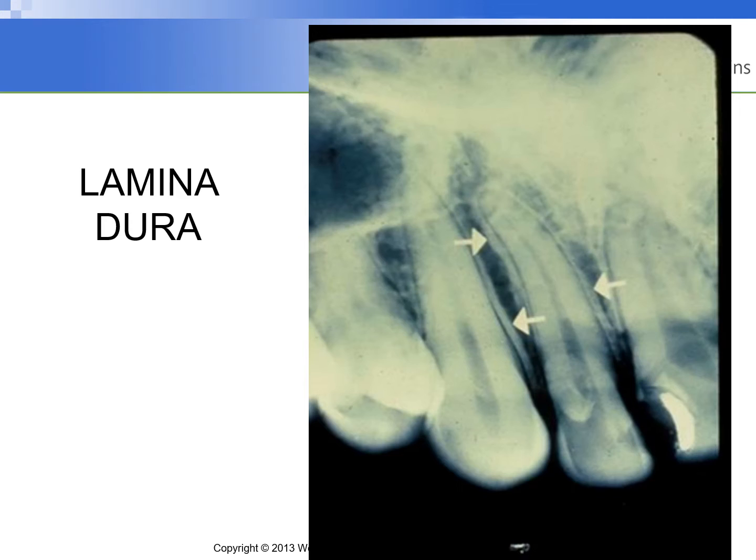It's this white thing right here, and this white thing right here. If you go around the whole tooth, that is the bone socket. So you should be able to visualize the bone socket or tooth socket, and it's called a lamina dura.